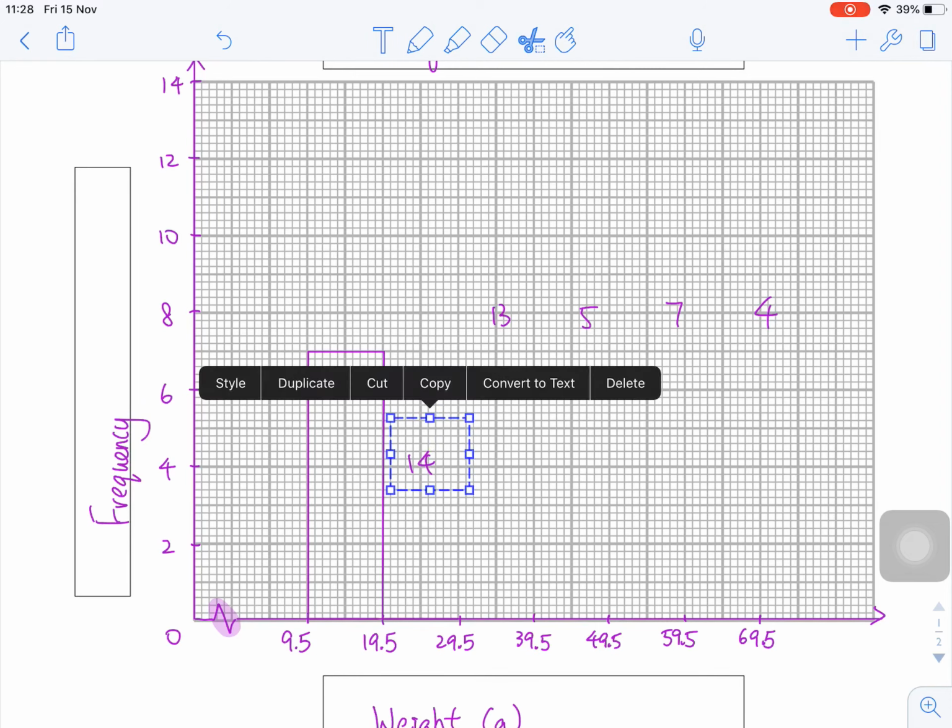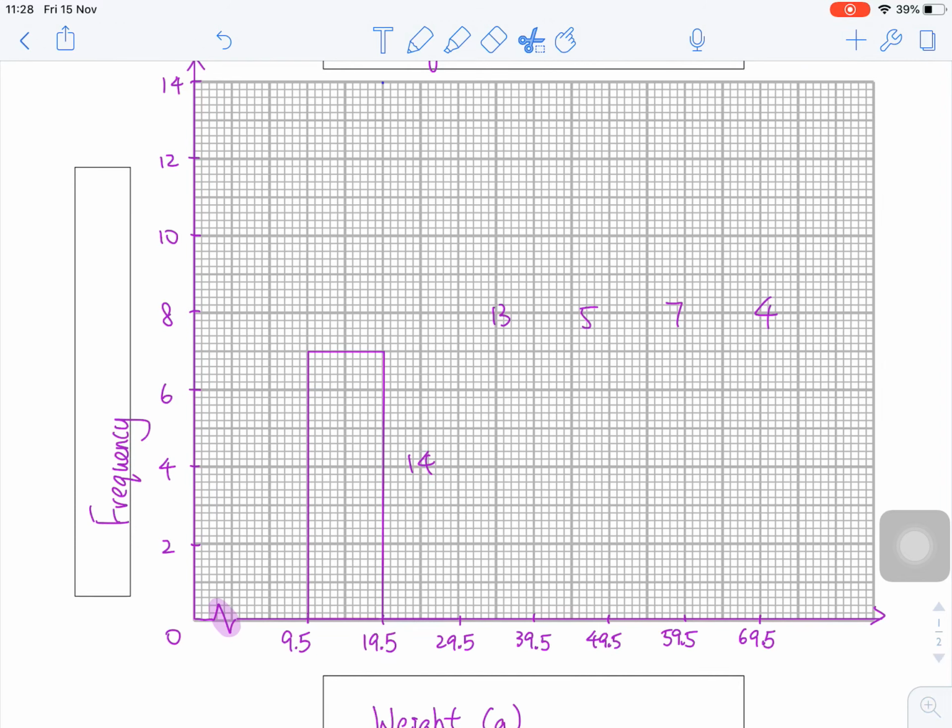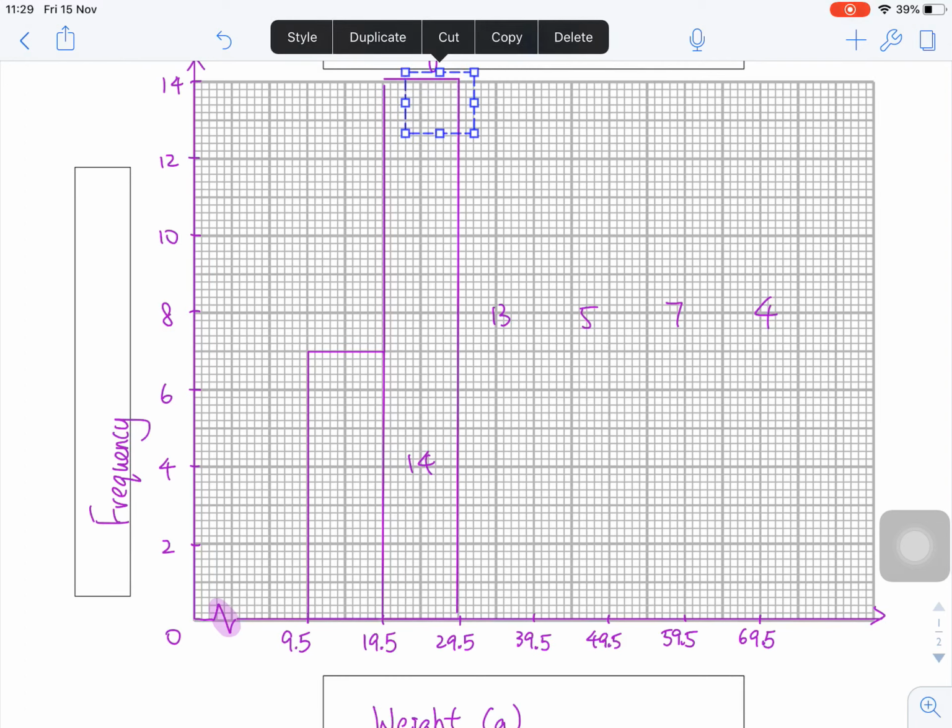14 is here. Wait, no. 14. It's slightly too ugly. I just move it up a bit. Here. Fill it back. 14 done. Then 13. It's here.